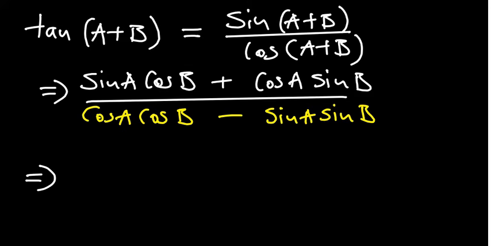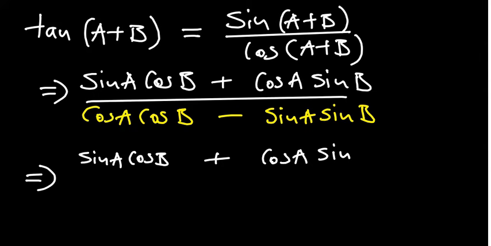Notice at the top part we have sine A cosine B plus cosine A sine B. Now we've said we are dividing by this part, the entire thing. So we're dividing by cosine of A cosine of B.